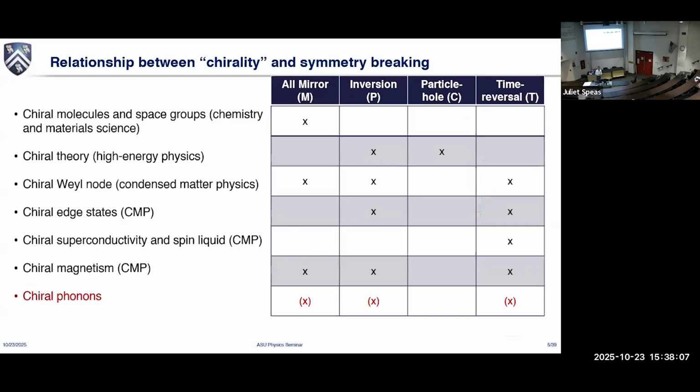Even from a very basic symmetry perspective, a chiral molecule basically means you're breaking mirror symmetry. But chirality in high energy physics breaks some other symmetries, whereas the different types of chiral objects in condensed matter break a variety of symmetries, including inversion or time reversal, or both of them.